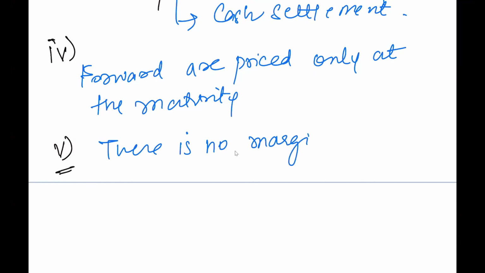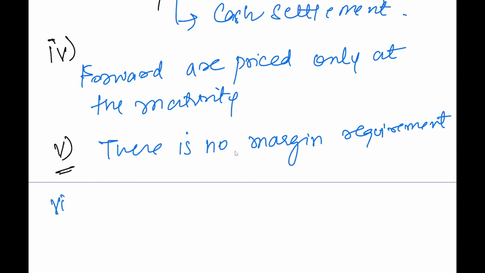Again, because these are customizable, if one of the parties says we want requirements, both of us should post collateral, or we should have something in place so that there's lesser counterparty risk, it can change. Because it's a customizable contract, the different terms and conditions can change.